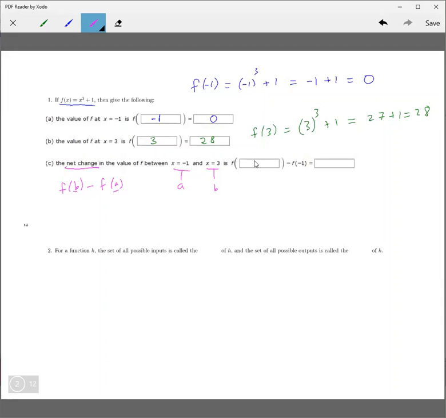So f of b, that would be this 3 goes here, and minus f of -1. Okay, so this right here is like our f of b, and this is like our minus f of a. From the formula, that's the net change right there. So that's going to be this value minus that value. So just because f of 3 is 28.